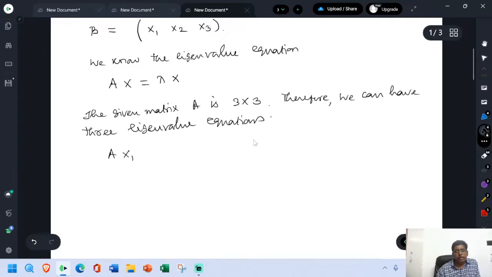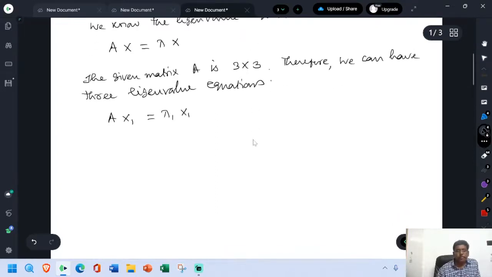A into x1 equal to lambda 1 into x1, then A into x2 which is equal to lambda 2 into x2, A into x3 which is equal to lambda 3 into x3.